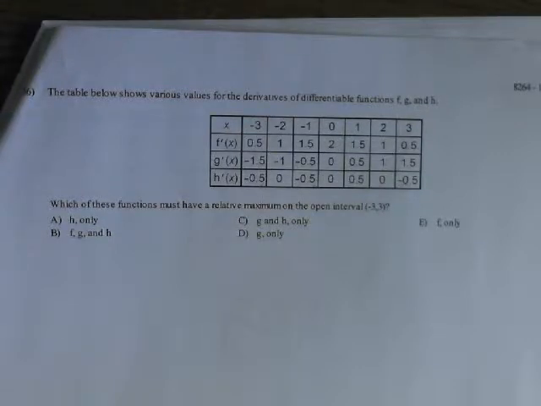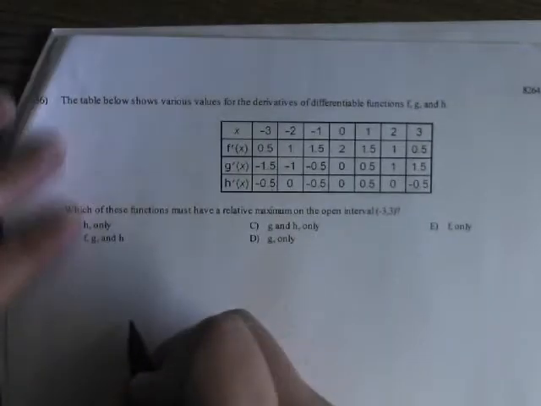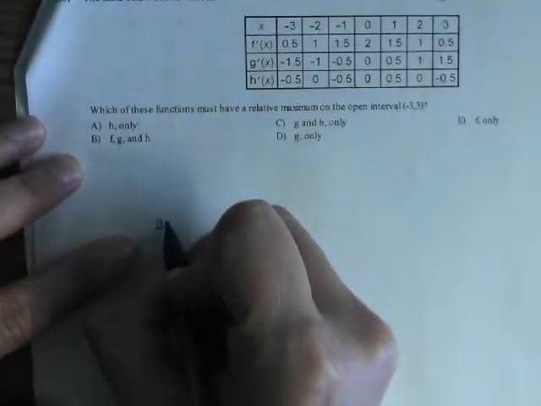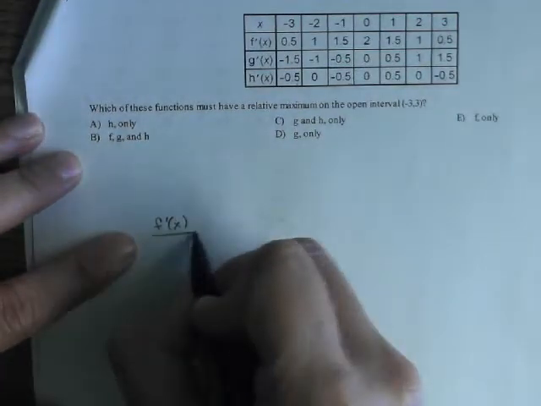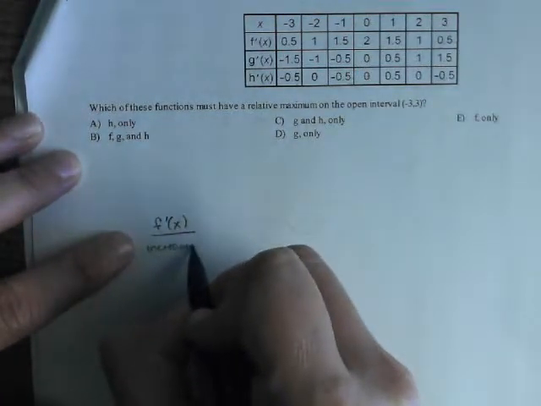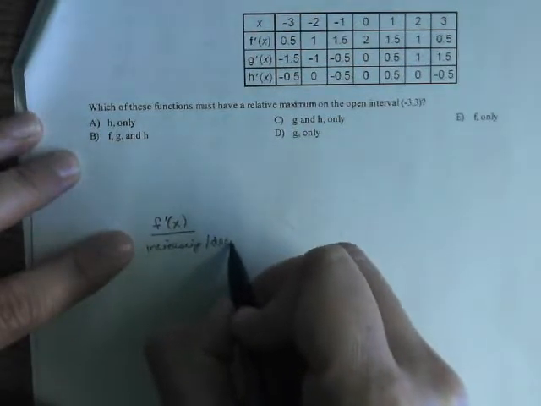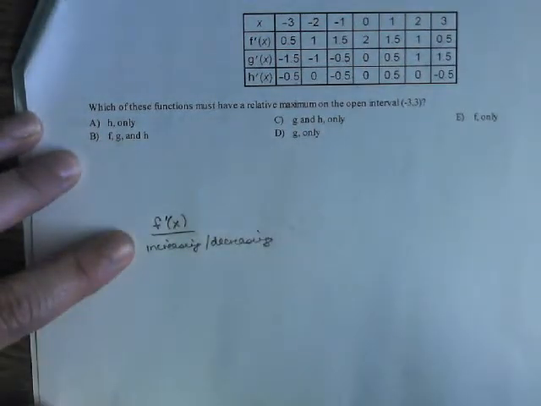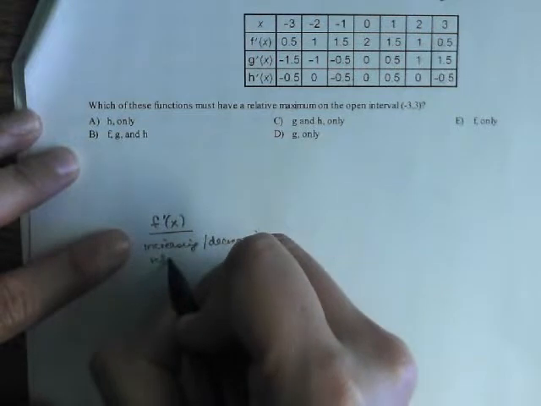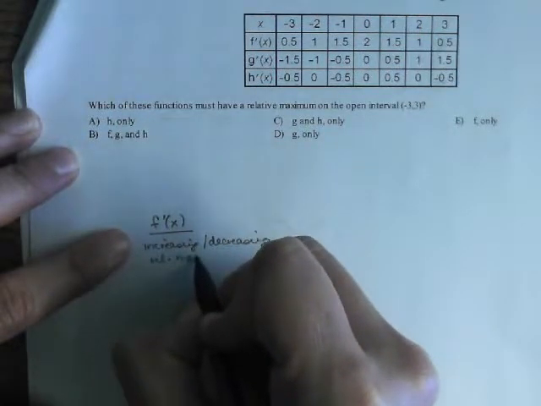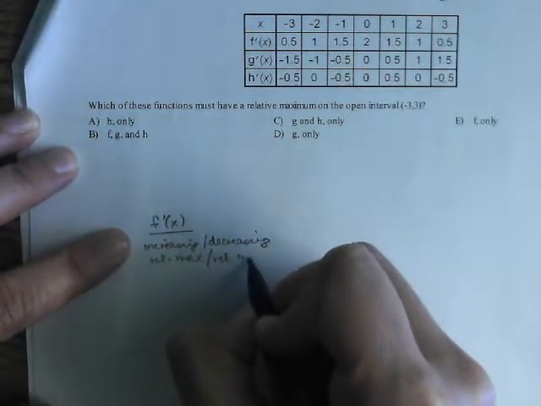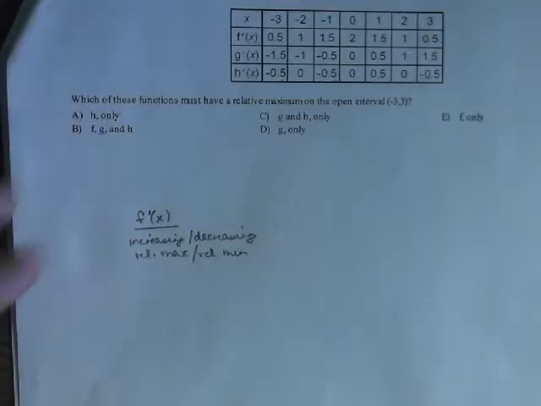as we go through this, there are really three categories of things that are on your test tomorrow. There's understanding the first derivative and how it plays into, I'll write this down, increasing, decreasing intervals, along with how it plays into relative maxes and relative mins. And that's first derivative stuff.